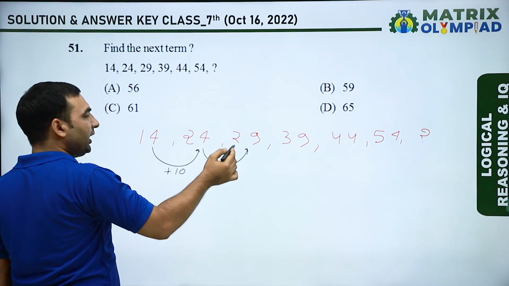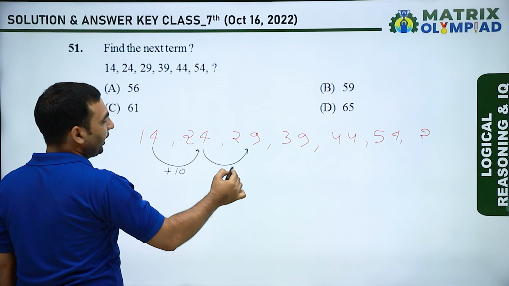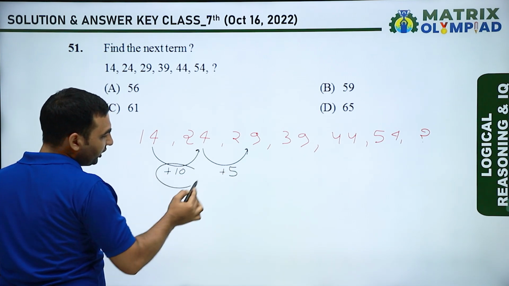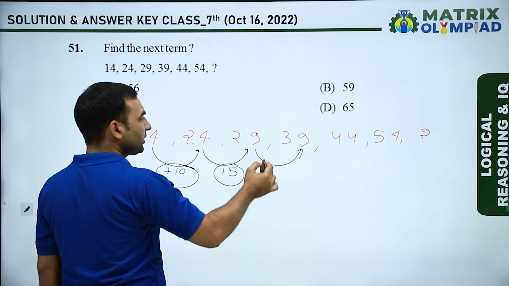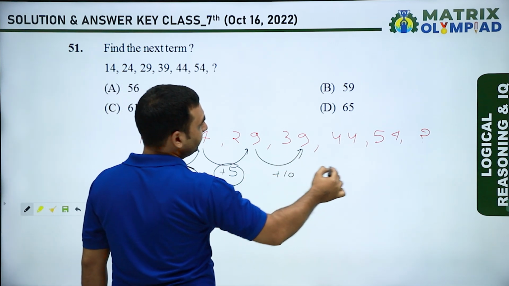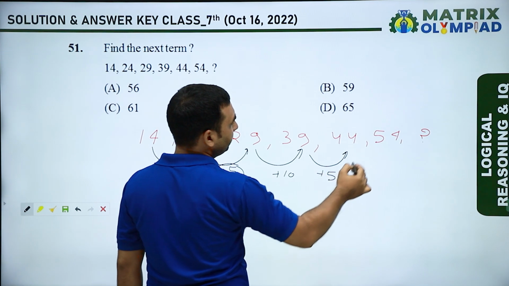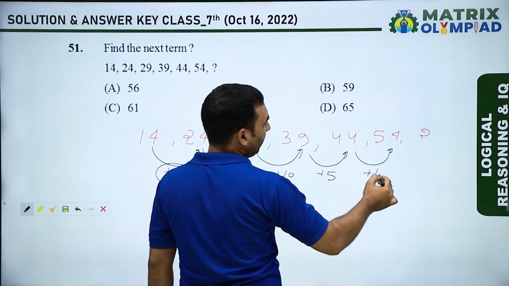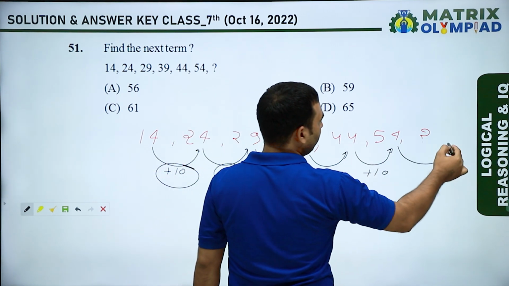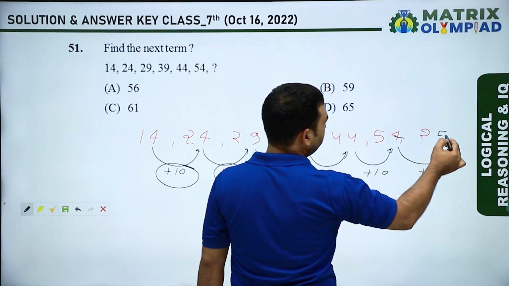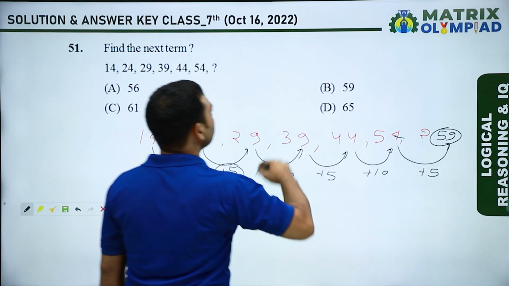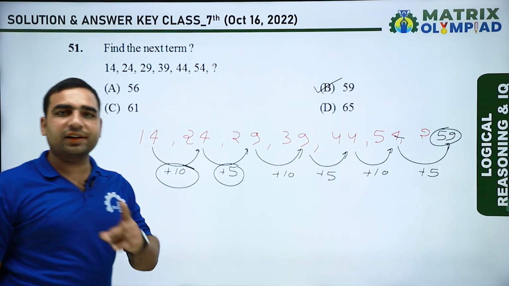How to find 29 from 24? Then we add 5. What is your logic? Plus 10, plus 5, alternate numbers. Plus 10, plus 5, plus 10. What do we add for the next term? Plus 5. 54 plus 5, that is 59. This is your answer. Option B is the correct answer.